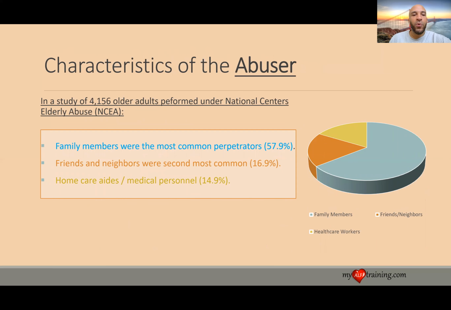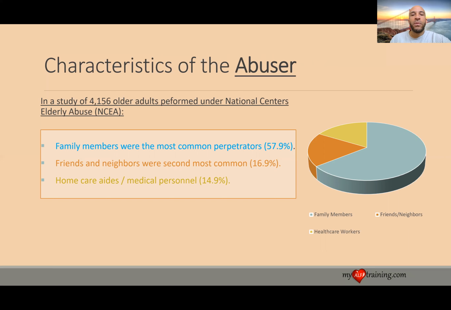So, just to illustrate more, in researching this myself and learning about elderly abuse and exploitation, I found it very interesting that family members were the most common perpetrators. But then again, when I thought about it and my experiences in healthcare, I wasn't so surprised.